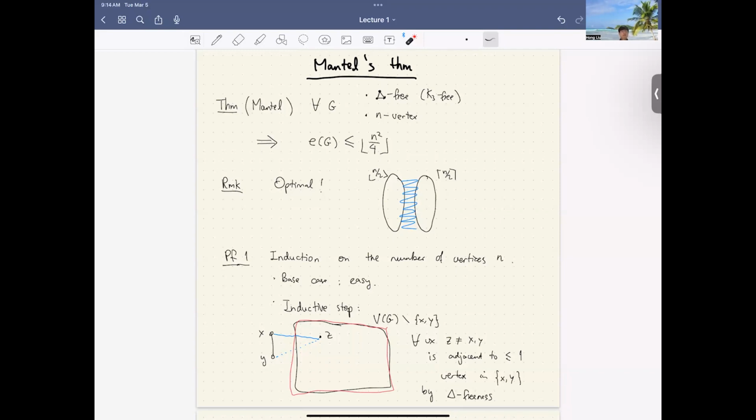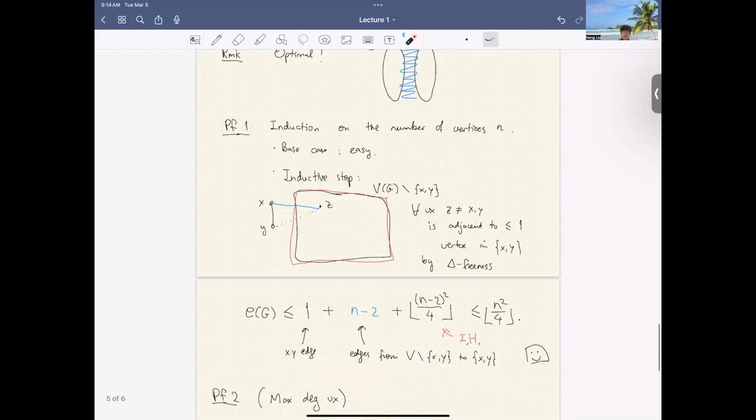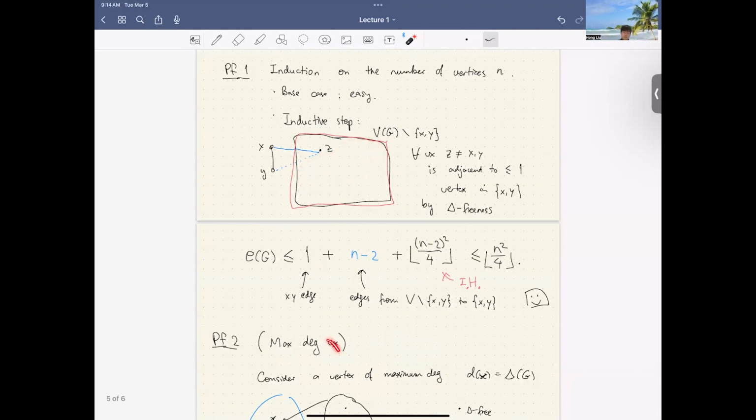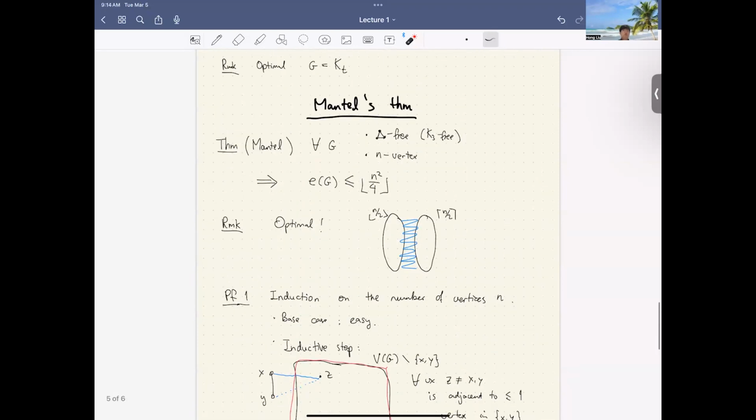In this case, in Mantel's theorem, it's not hard to see from these two proofs, the first proof and the second proof, you can work a little bit harder to prove that this is the only graph on n vertices realizing the maximum bound. I will leave that as an exercise for you.